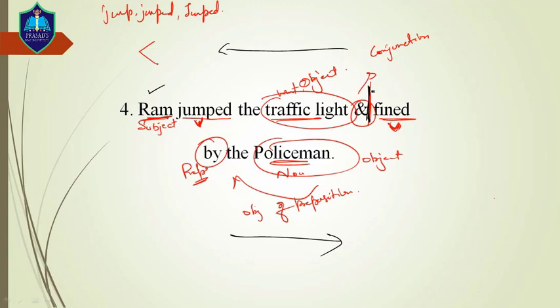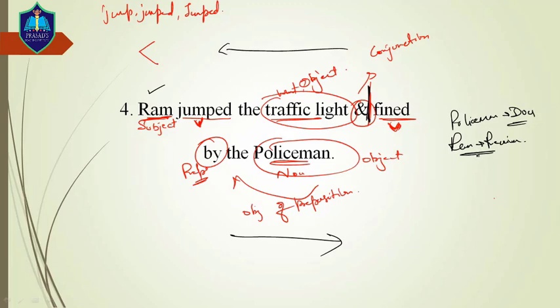Fined by the policeman. Who is fined? Ram is fined by the policeman. So here who is the doer? Definitely Ram is not the doer after the conjunction. Who will become the doer? The policeman becomes the doer in the second statement, right? So Ram will become the receiver. So the policeman will become the doer and Ram will become the receiver after the conjunction.